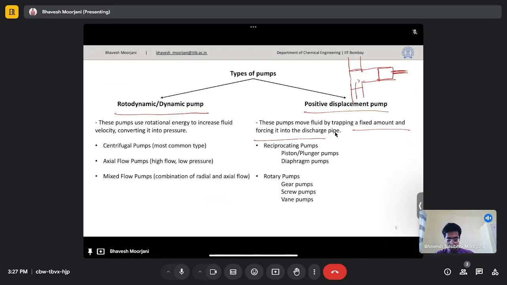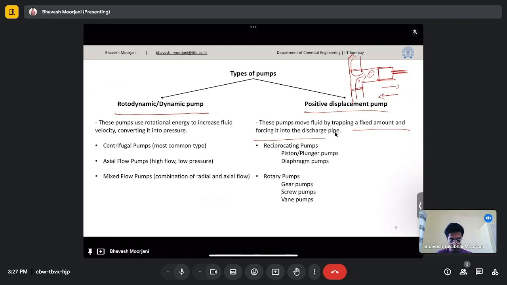Because once the plunger moves this side, suction will be created here, fluid will come inside, then the NRV valves will be closed, the plunger will move again inside, and then the fluid will flow. So this way a fixed volume of fluid is displaced. So that's why these are positive displacement pumps.